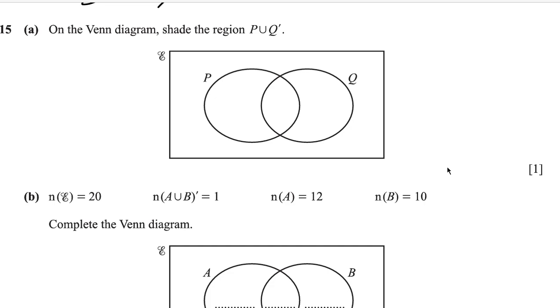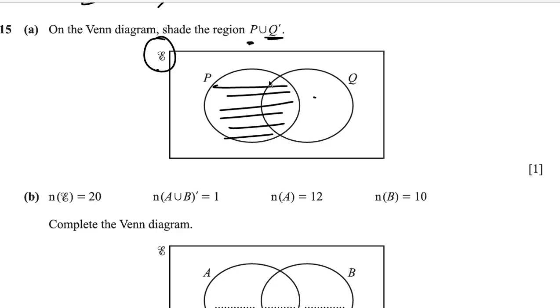Now this is easy to do. Q complement implies not in Q. That means we have a larger set, the universal set, right? And then we're looking at the elements that are not in Q, that are in the universal set. So what happens here? We're going to leave Q out and then shade every single outer region, because it's P. This is P. We're shading P, right?